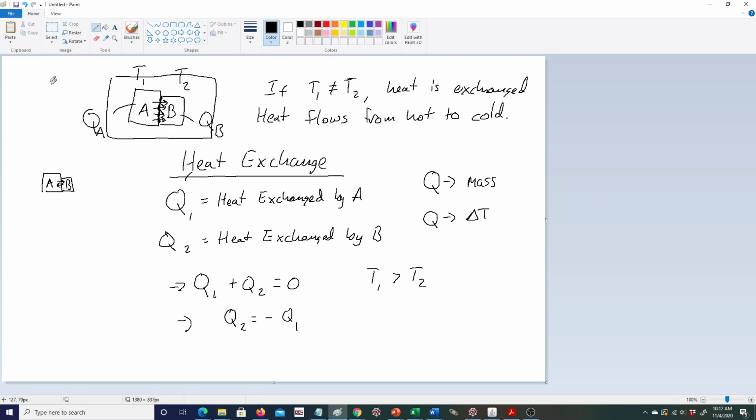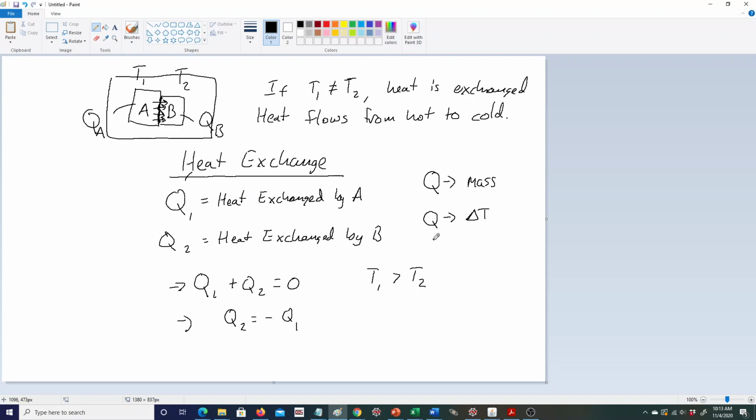So once they reach the same temperature, the thermal energy will just simply be exchanged equally between the two objects, and there's no net change for either object. It'll gain just as much as it loses. So to have legitimate heat flow, I have to have a change in temperature.